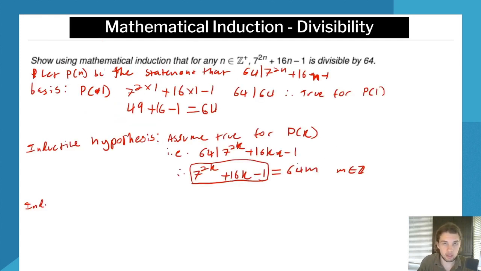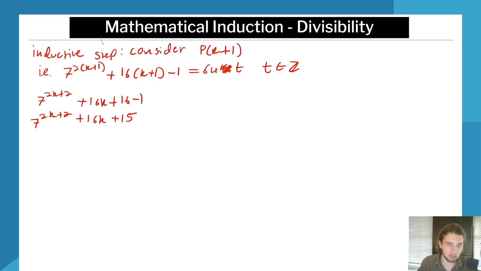That is obviously divisible by 64, and whatever's left should also be easily divisible by 64, because that's just how it tends to work out in these proofs by induction of divisibility. So I'm going to keep expanding this out to make my life a little bit easier. That's 7 to the 2k times 7 squared plus 16k plus 15.